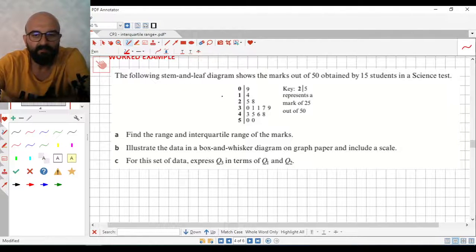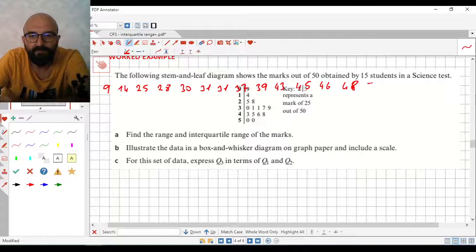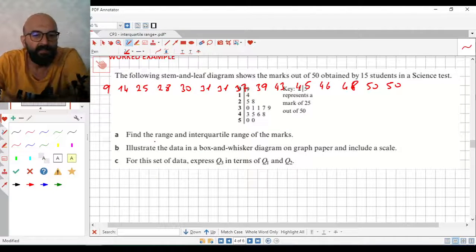We have 15 data, and I want to write the data from smallest to biggest: 9, 14, 25, 28, 39, 40, 41, 41, 43, 45, 46, 47, 48, 49, 50 and 50. Find the range and interquartile range of the marks.